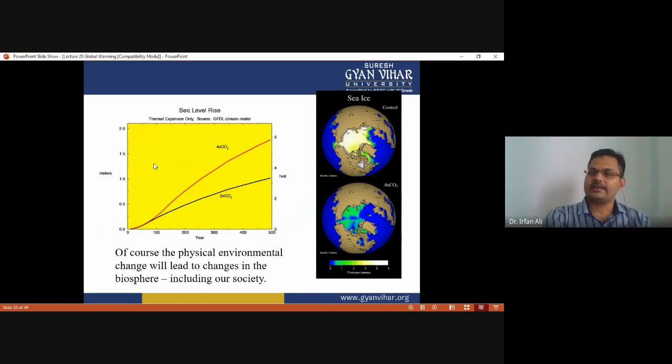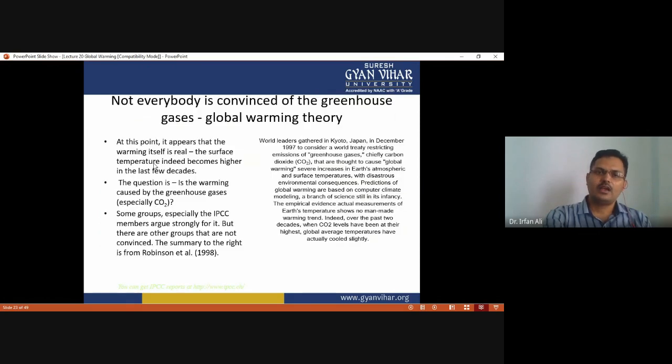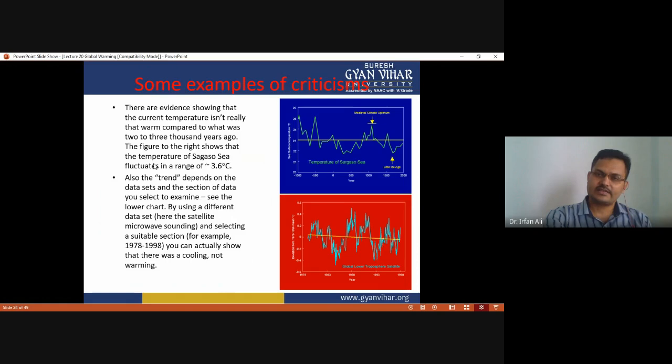which contributes to rising sea level. Not everybody is convinced that greenhouse gases are responsible for global warming, so there is some criticism also.